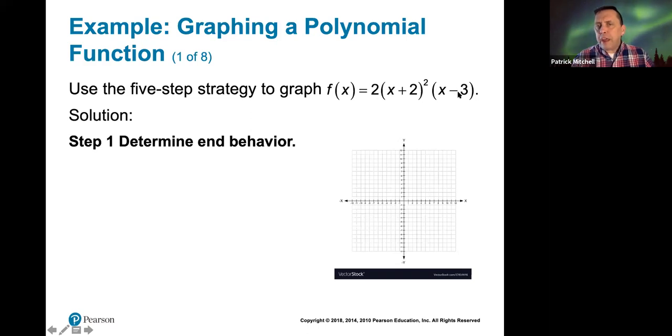So I want you to think for a second about what is the degree of this polynomial. All right, if you were to multiply this thing all out and then write the terms in descending order of powers, what would the first term be? Think about that for a second.